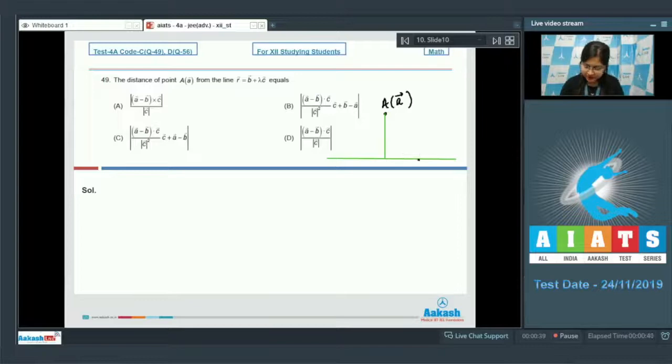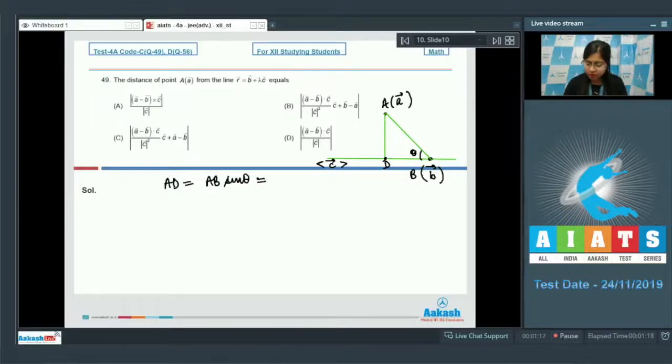So on this line, let us assume here we have a point B vector and this line has direction ratios as C vector. So let us join AB. Let us assume this angle as theta and say this point is D. So we have to find AD. Now we can write AD equal to AB into sine theta, right?